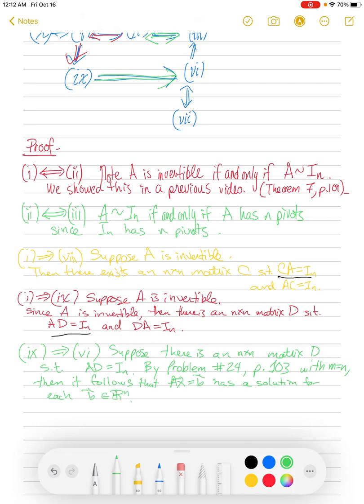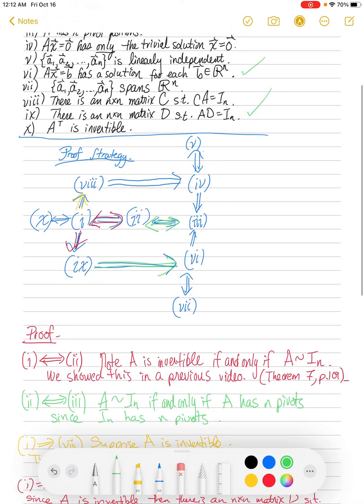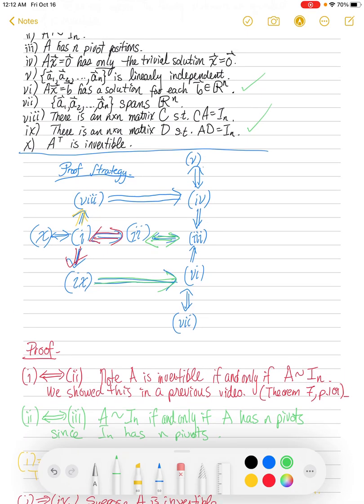So in the problem number 24, we were using M. We were talking about Rm, but now we're just changing it to M. So I'm saying let M be the same as N. Okay, so we basically already did that problem, previous homework problem. So I'm not really proving anything new here. Just reciting old stuff that we've already done, basically.